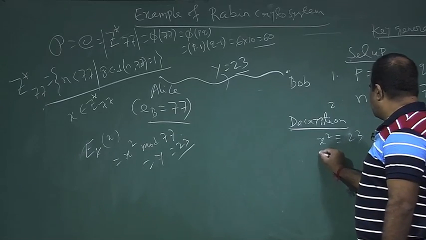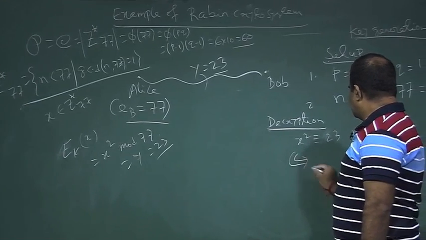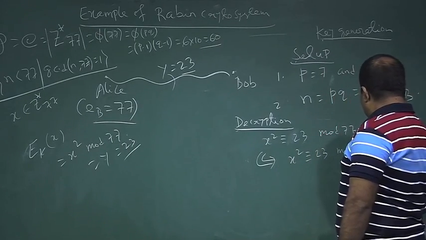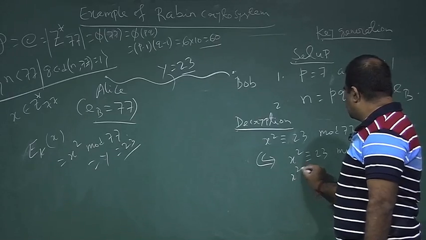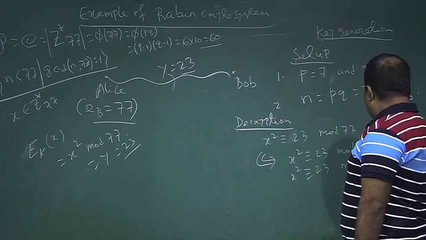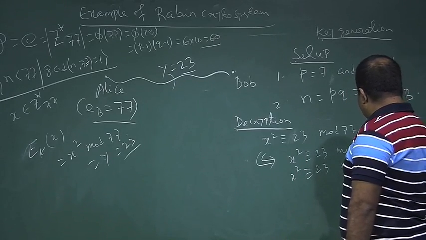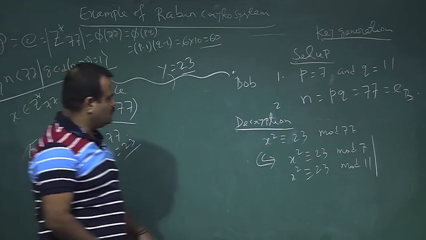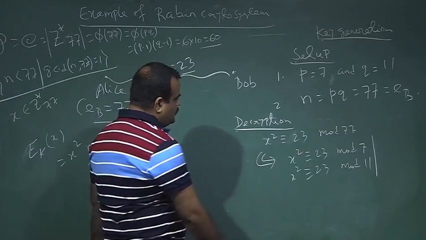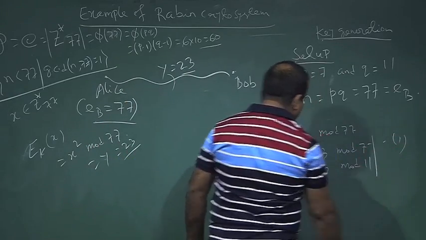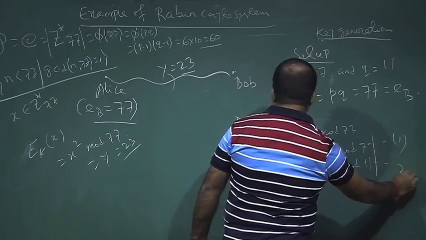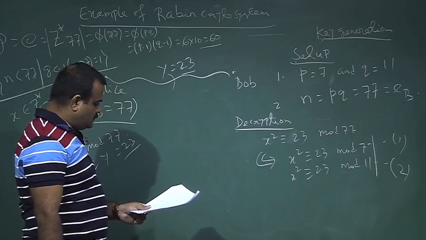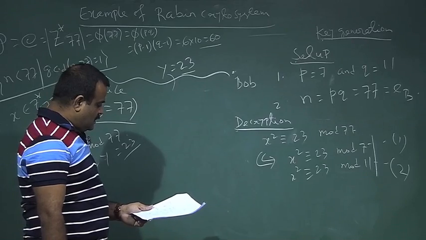By the Chinese remainder theorem, x square is congruent to 23 mod 7, this is one equation, and x square is congruent to 23 mod 11. We have to solve these two separately, and then the solutions will give us the solution for the original.